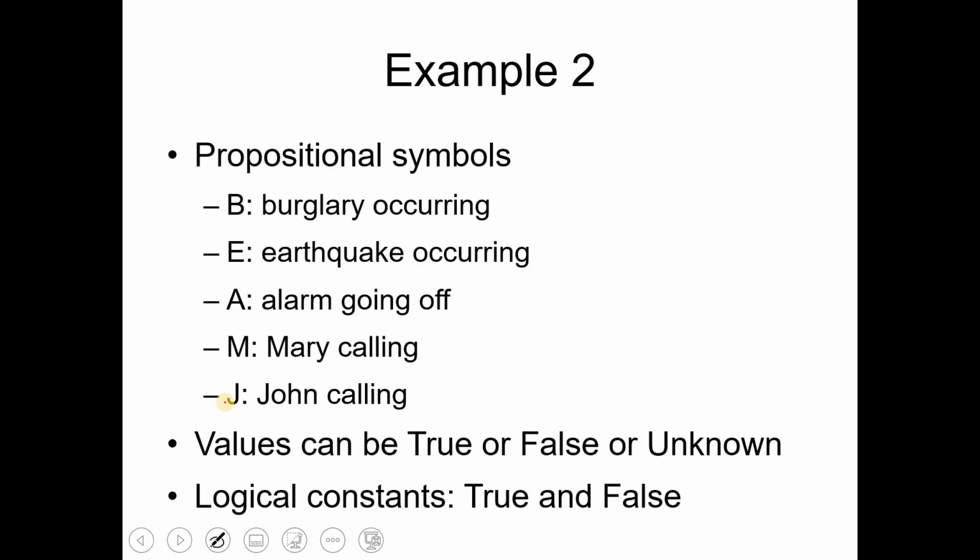So here is the sentence. This is not a minus, be careful. This is only a bullet, same as above. So the first symbol is B. The meaning of B is there is burglary occurring.